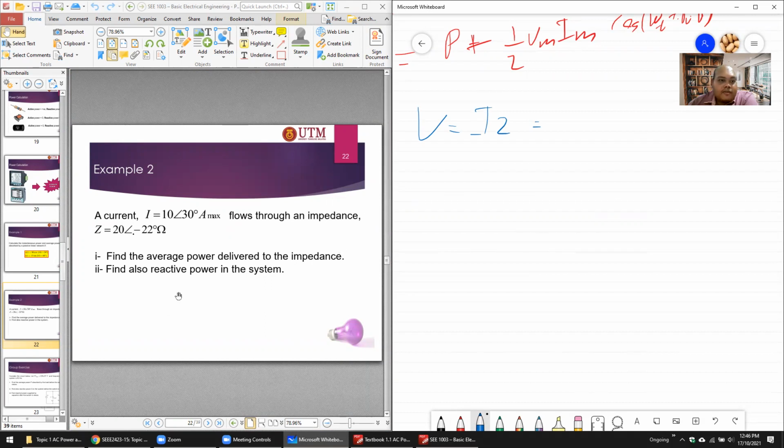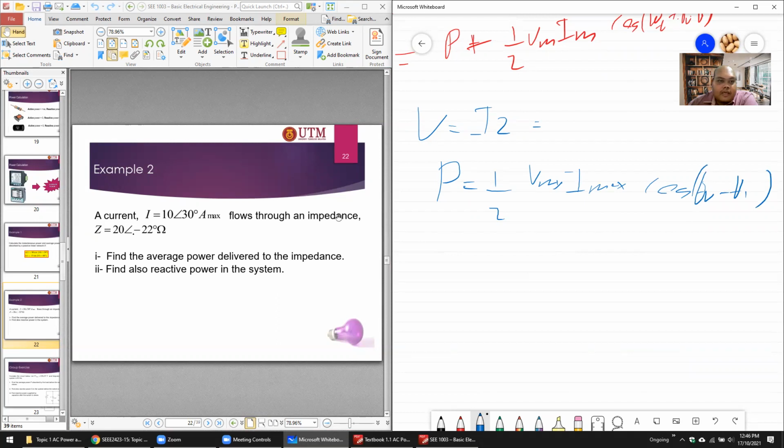Find also the reactive power. For the reactive power, instead of the real power formula, you have to use 1/2 V max I max. Max means that you use the maximum value, I max, cos of theta V minus theta I.